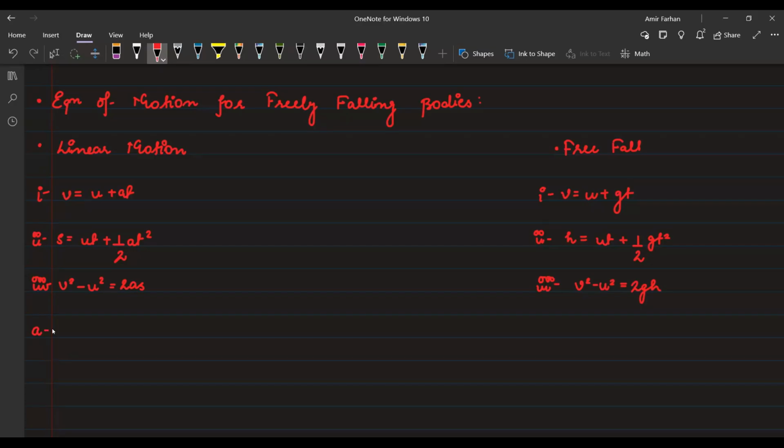When the body is falling vertically downwards, its velocity keeps increasing. Yes or no, everyone? When you drop a ball, the velocity will continuously increase. So in that case, the body is performing uniformly accelerated motion, right? In that case, g is taken as positive because the body is increasing its velocity.